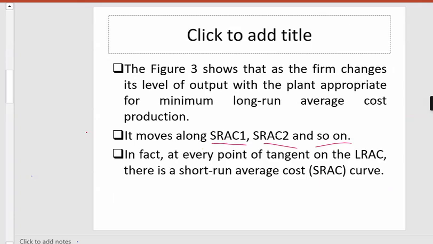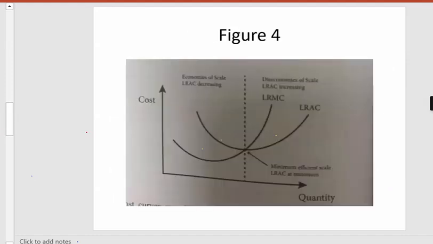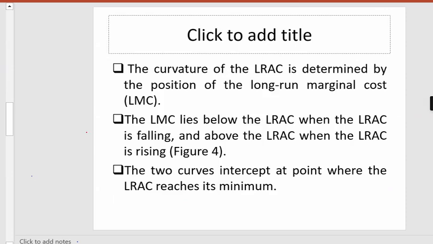In fact, at every point of tangent on the long run curve, there is a short run average cost. There is a short run average what? Cost. Kuna swali mpaka hapa? Is there any question? But what I'm trying to say, what you have to note in this section, when you say short run cost, in short, you can say this is what?